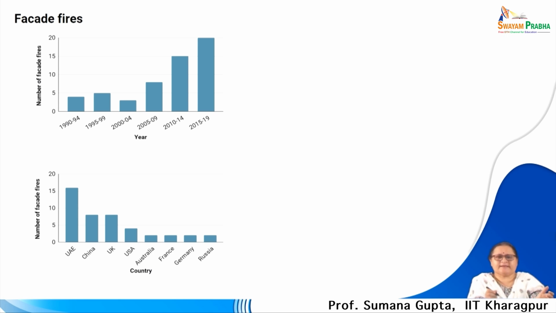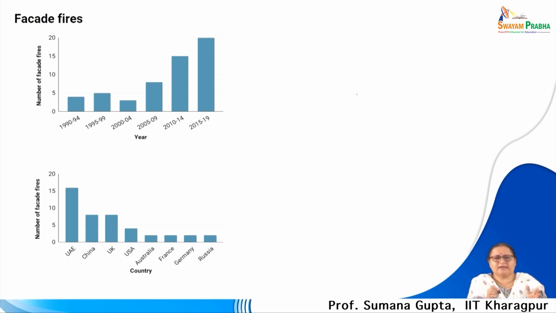So, as I was talking about facades, how it becomes vulnerable. In most urban contexts, we are finding facade fires happening, because facade materials are no longer fire rated materials, as they are made lightweight.